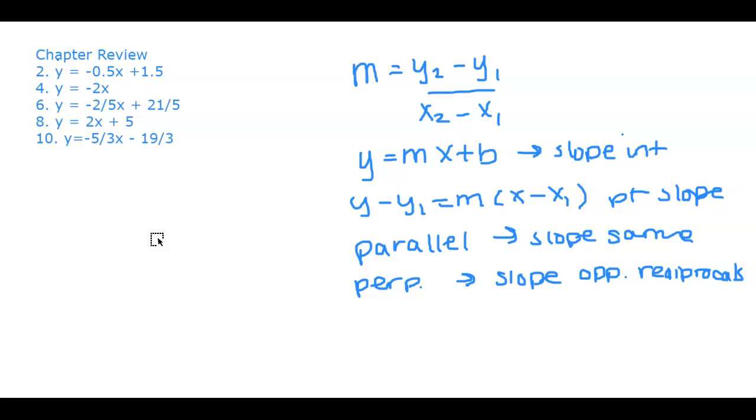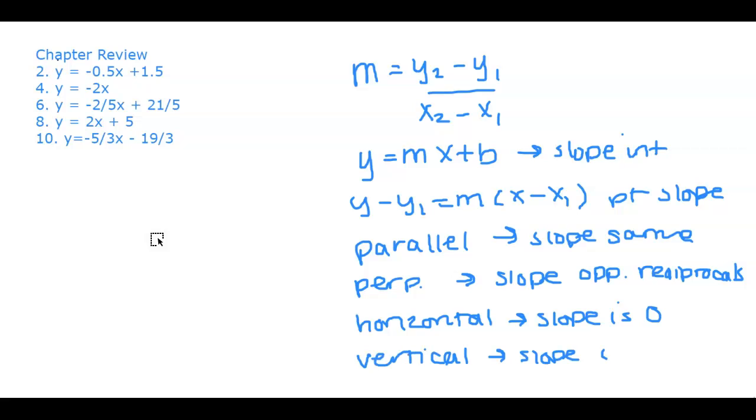If a line is horizontal, then your slope is 0. If a line is vertical, then the slope is undefined. If your slope is 0, you have y equals. If it's undefined, you have x equals.